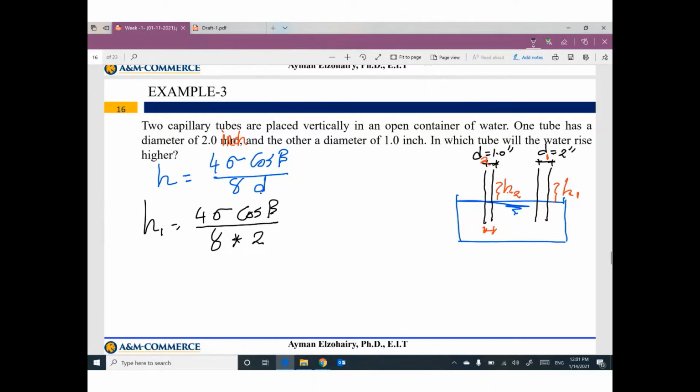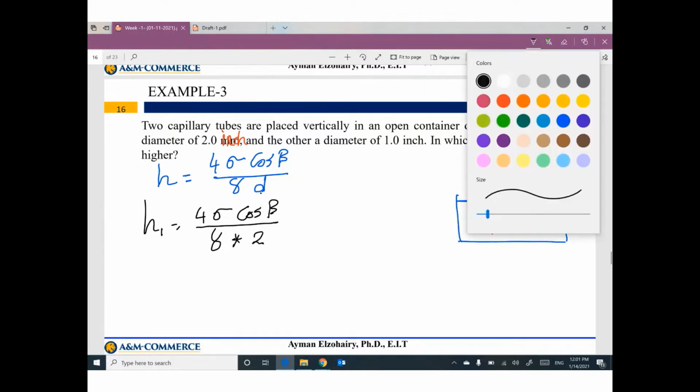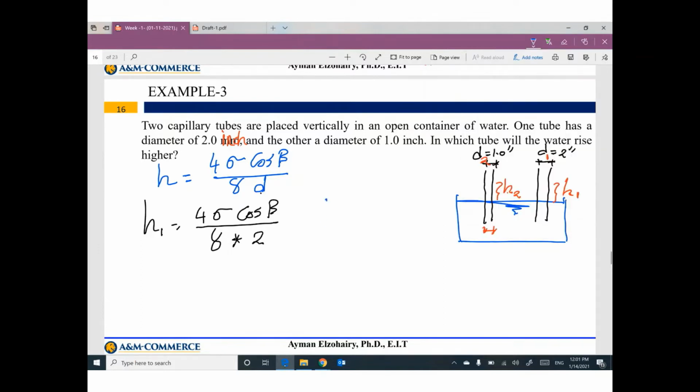Let's do it one more time for tube number 2. So the height H2 equals 4 sigma cosine beta divided by gamma, and the diameter of the second tube is 1 inch.